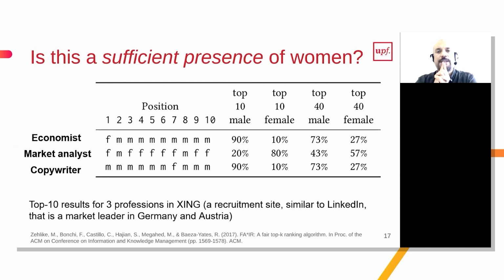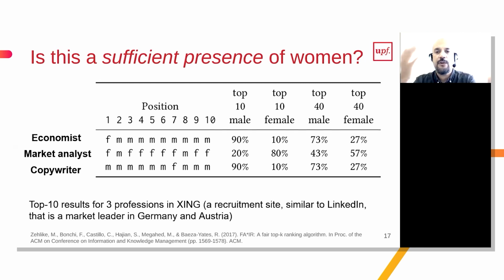This is an interesting question, whether this is a sufficient presence of women. First, because we observe a couple of things here. The first thing is that in many cases, when there is already an imbalance, for instance between the number of men and the number of women in a collection, this imbalance tends to be exaggerated when you look at the top positions in the ranking.